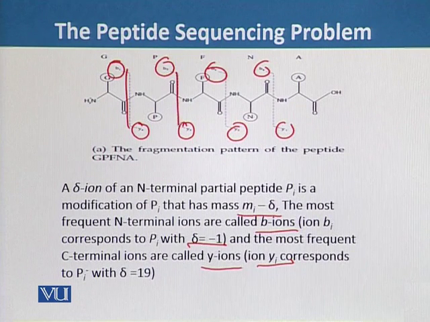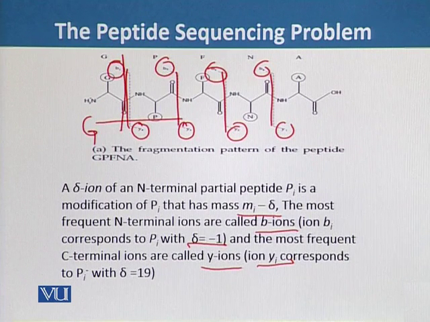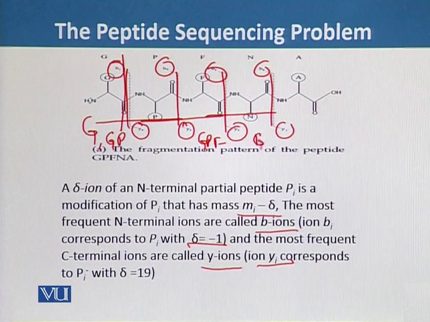And we can see the amino acids present in a peptide, and it can be fragmented as G, one fragment. If we consider 2, GP. If we consider 3, GPF. And if we consider 4, GPFN. And this is from the N-terminal.